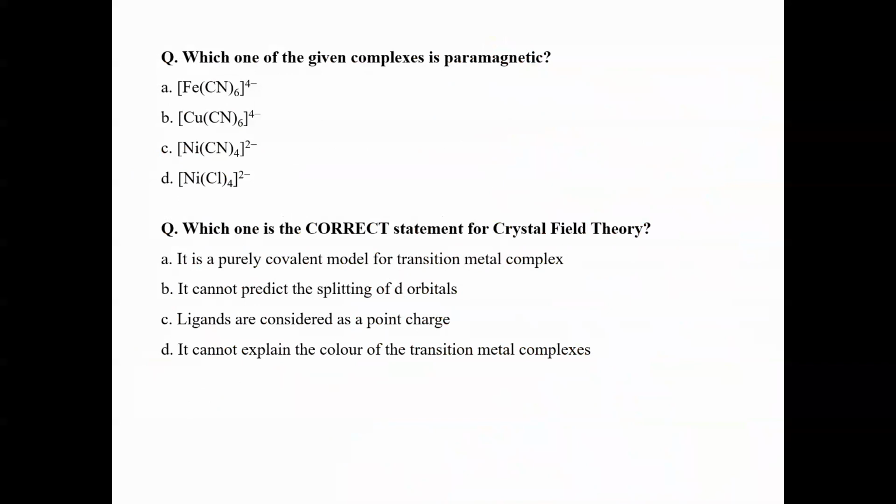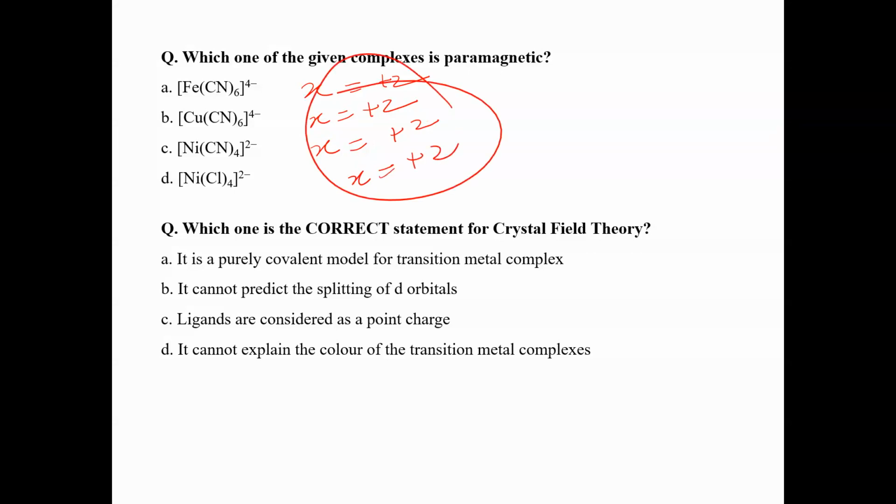Just try on your own. Here, the oxidation state of Fe will be plus 2. Here, the oxidation state of copper will also be plus 2. And here also plus 2, and here also plus 2. So all the metals have a plus 2 oxidation state.